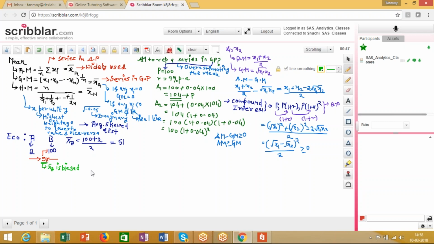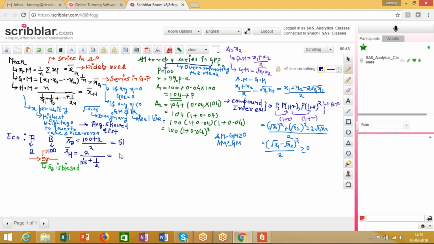Now if x bar A is biased, what is the alternative? The alternative over here is x bar H. So what harmonic mean does over here is 2 divided by 1 by 100 plus 1 by 2.